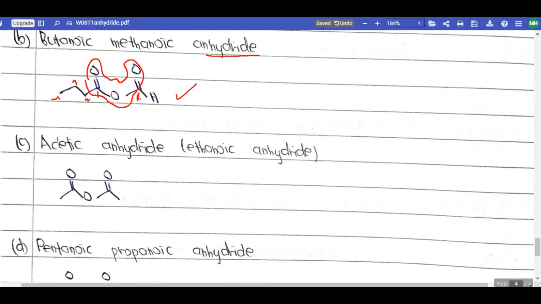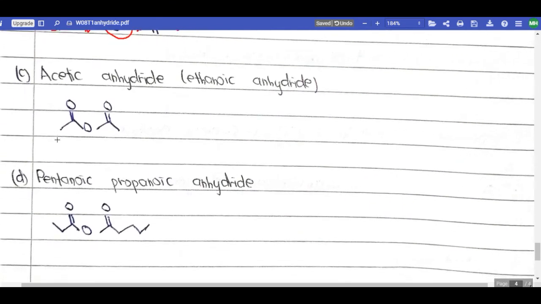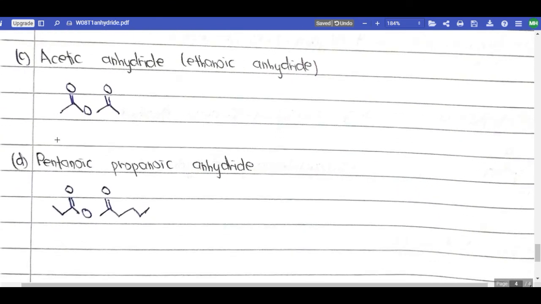Right? Acetic anhydride is also known as ethanoic anhydride. Acetic is a common name. Right? Ethanoic, you know that ethanoic consists of 2 carbons, this is carbon number 1, number 2, including the C double bond O structure. So we know that this is symmetrical because there is only one name.